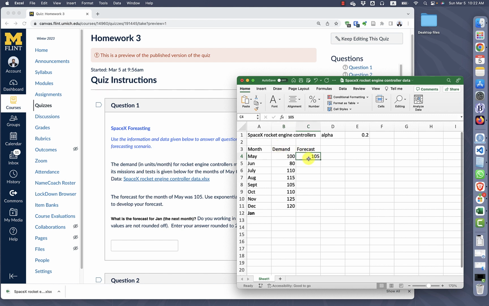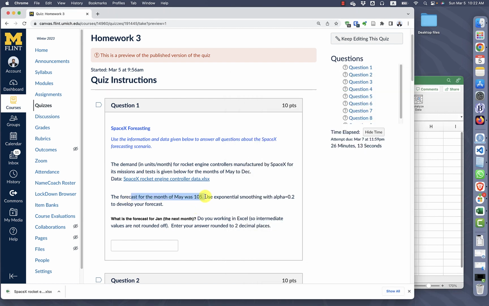It's not a true forecast, it's just an initialization value, and then you can build your exponential smoothing forecast. We do this as a default if we are not given the forecast for a particular month.